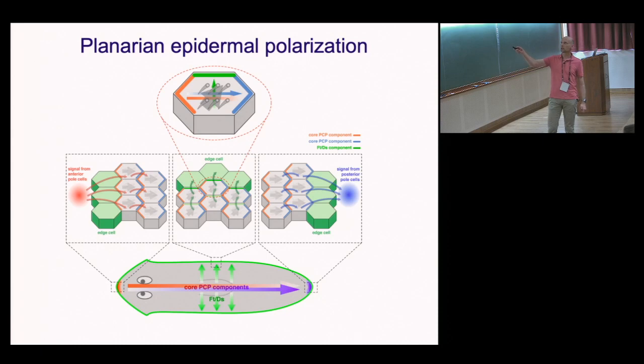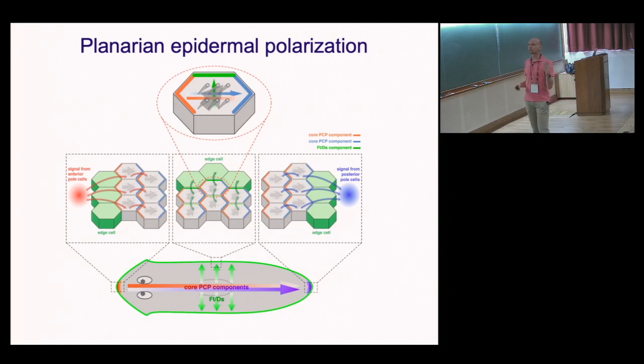So first, along the head-tail axis, here red and blue, and this is mediated by PCP. Second, it is polarized along the mediolateral axis, and this effect is mediated by Fat axis. And third, the orientation of cilia within the cell, shown here in gray, basically orients along the resultant of these two different vectors within each cell.